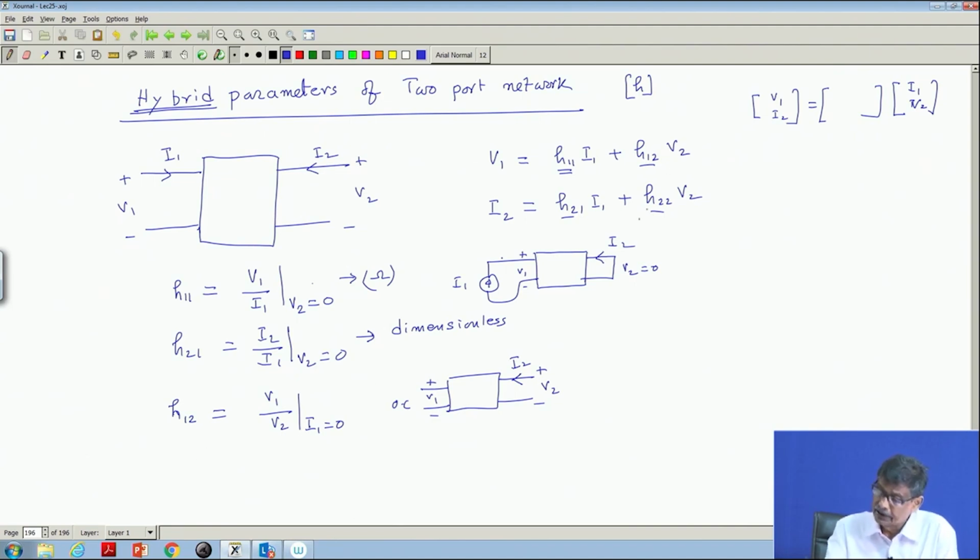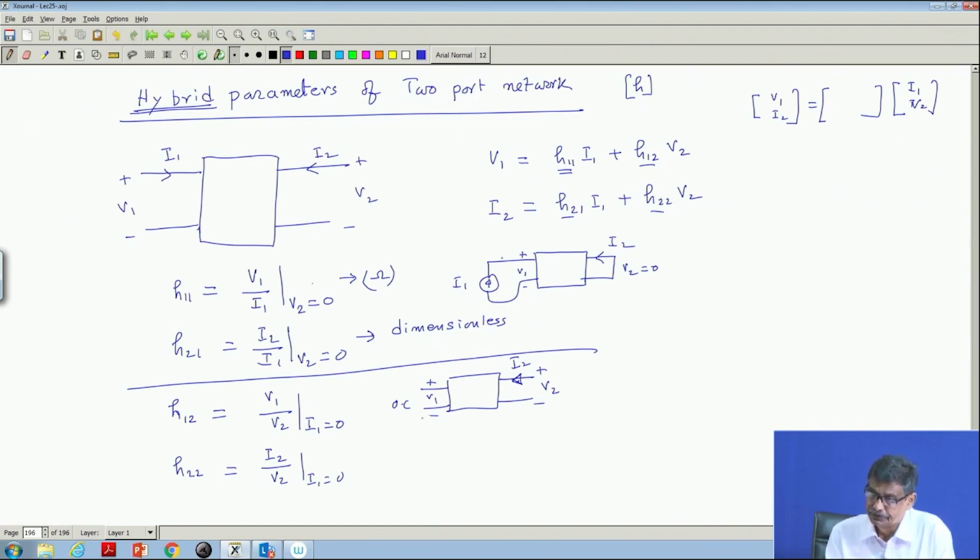And from this experimental setup, you can find out H22 also. H22 will be equal to I2 by V2 with I1 equal to 0. That is from this experiment only. So, you measure this current I2 and V2 with I1 equal to 0, open circuit.